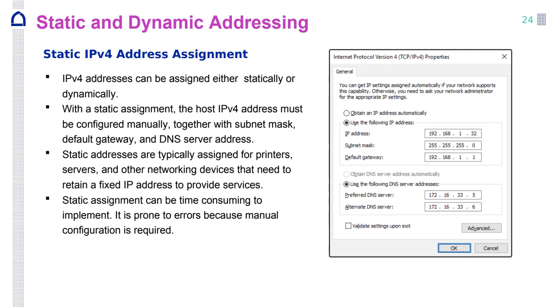This is called the static IP address. But the problem with static, if you have many computers, is it practical to use static? It's not practical. It is better if you use the dynamic, automatic way, by using DHCP, which is the first option. The second option is the static IP address.